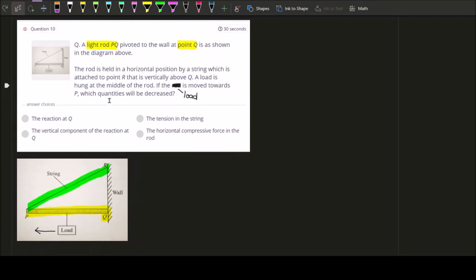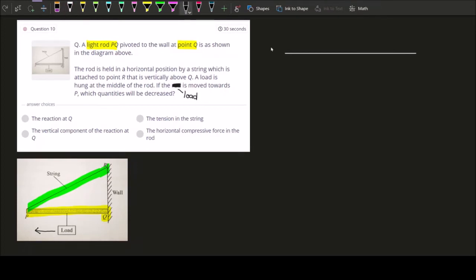So for this question, it's actually quite complicated, but drawing a free body diagram might be able to help us out. So draw a free body diagram, we start by drawing the object first. After drawing the object, you figure out the forces one by one. First thing, does this rod have mass or not?